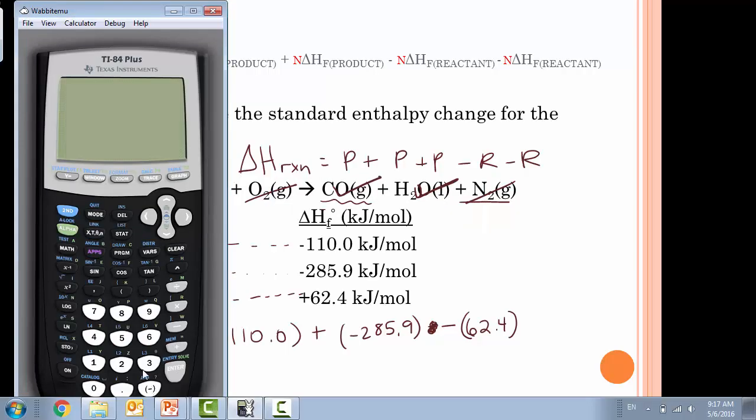So negative, let's turn it on, negative 110.0 plus negative 285.9 minus 62.4.